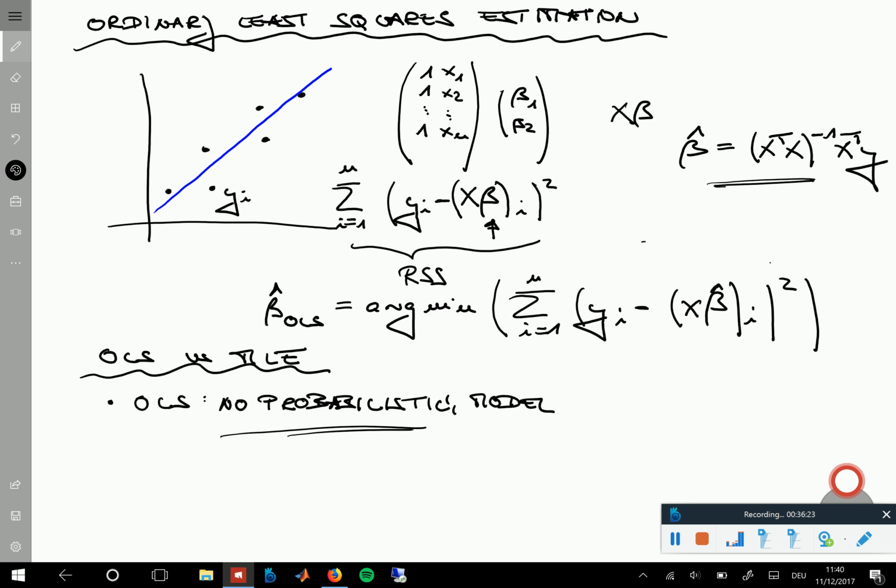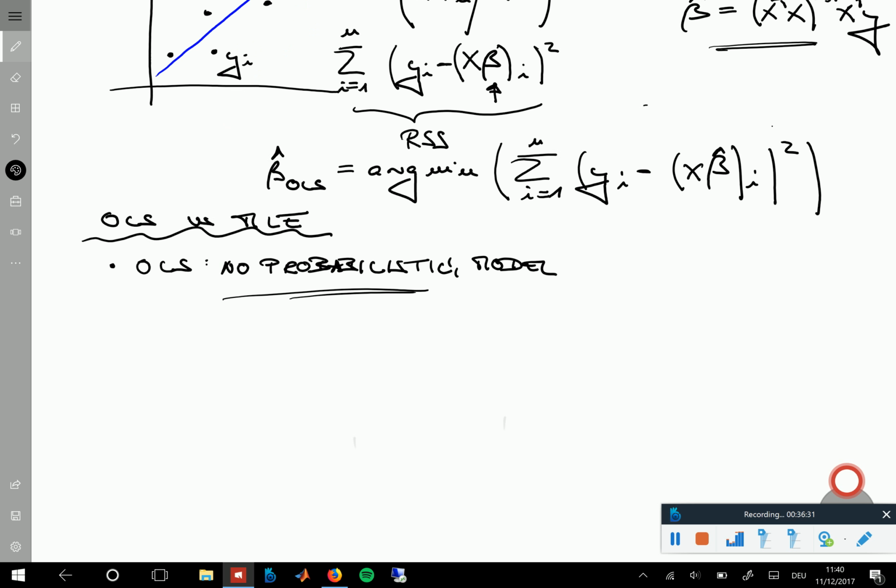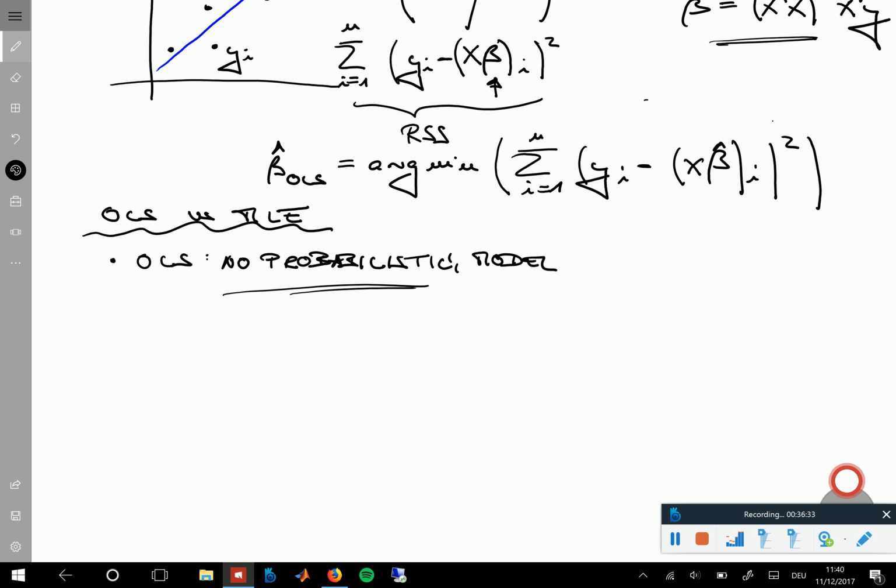So the ordinary least squares works without probabilistic models. But why then did I tell you that it results in the same? Well, this happens because essentially of this thing and how it looks in what we've looked at previously.